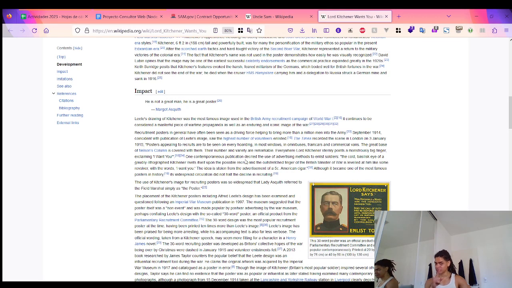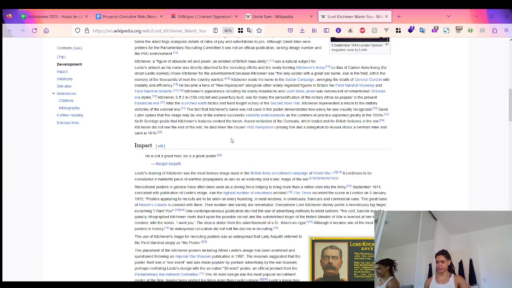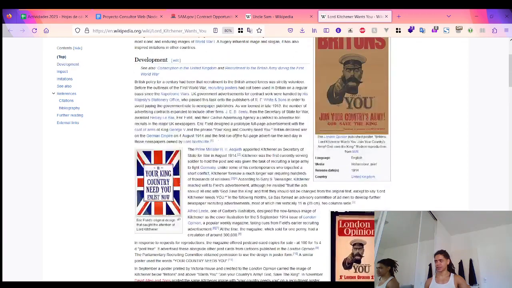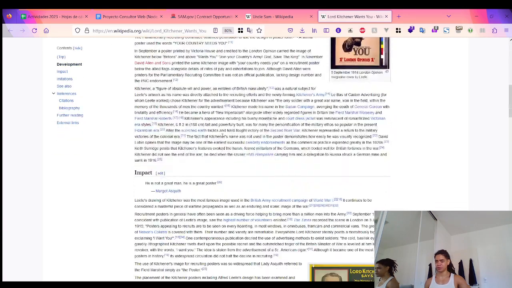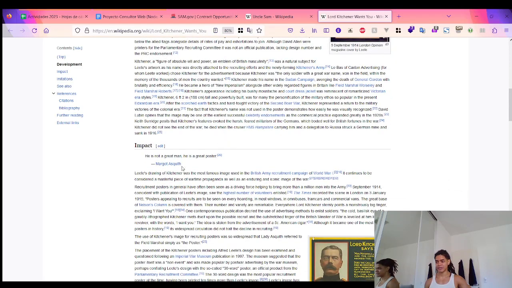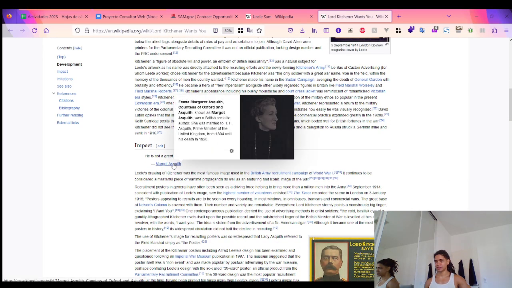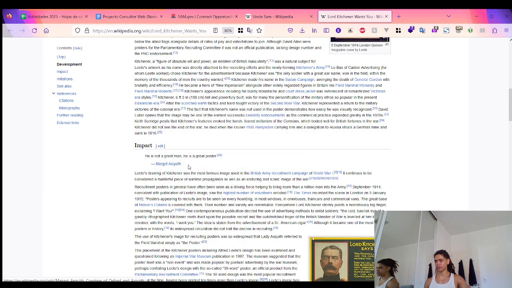Not just one, a bunch of them. He's not a great man, he's a great poster. Margaret was a British socialite and author. She was married to H. H. Asquith, Prime Minister of the United Kingdom, until his death.